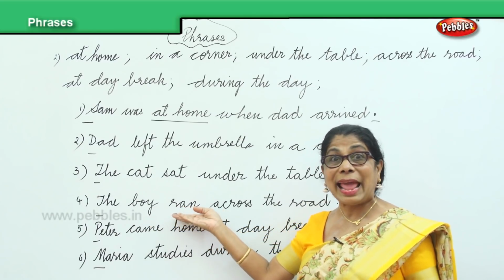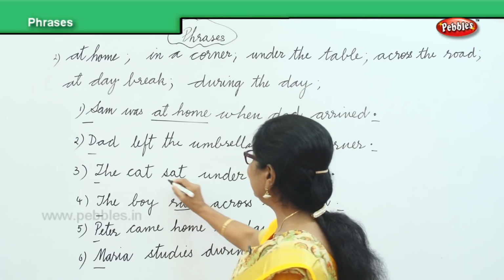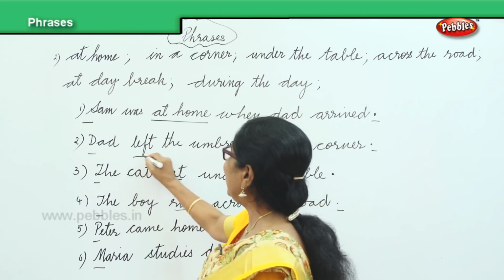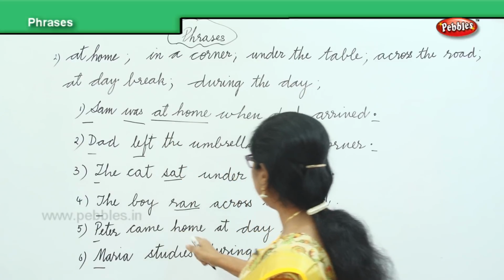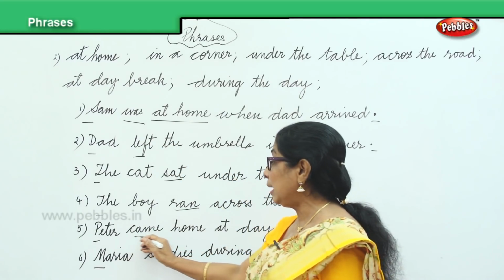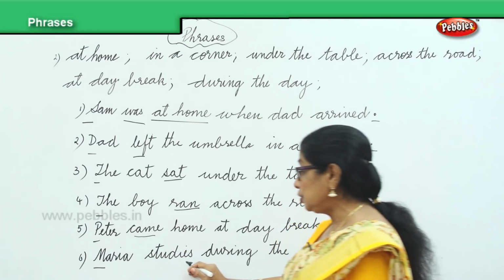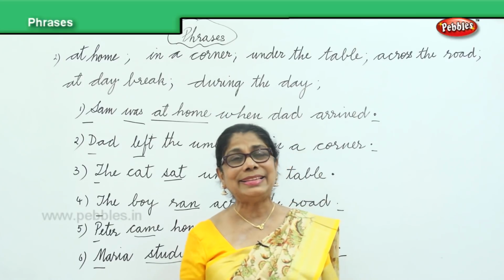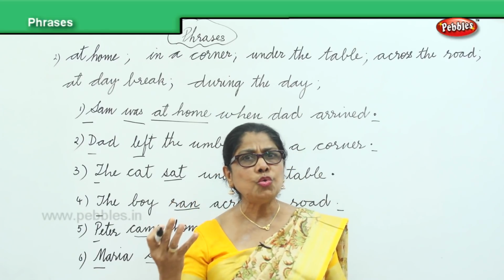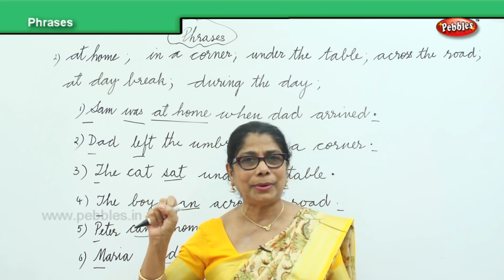What is the boy doing? Ran. So we are supplying verbs. Ran. Sat. Left. Was. Now, at daybreak. Came. Who came? Peter. During the day. What does she do? Studies. Maria studies. To these phrases, we supply a verb.